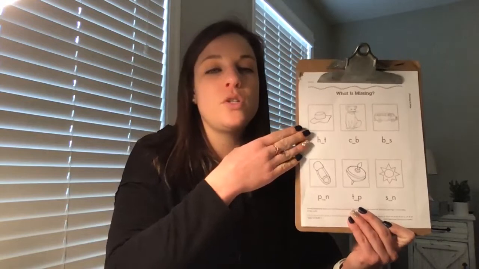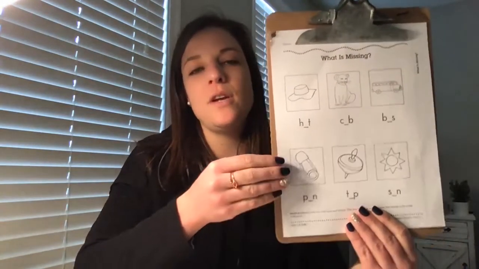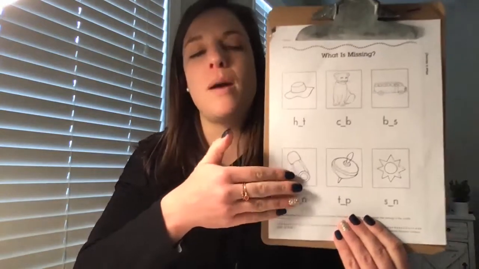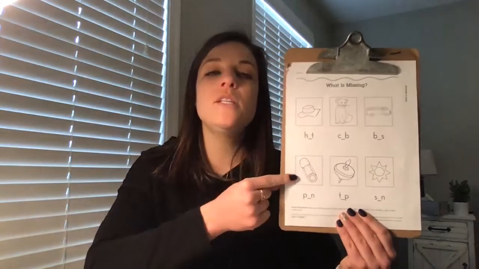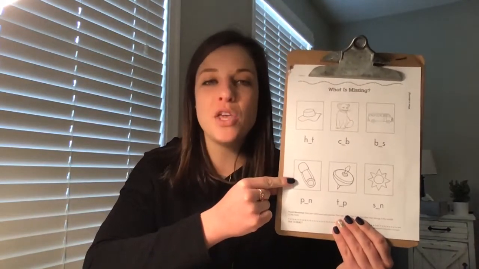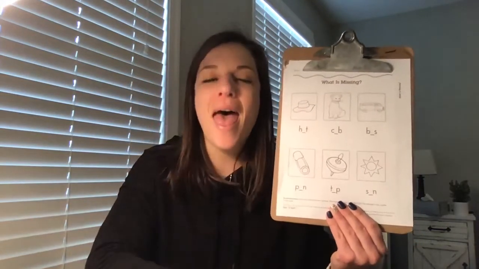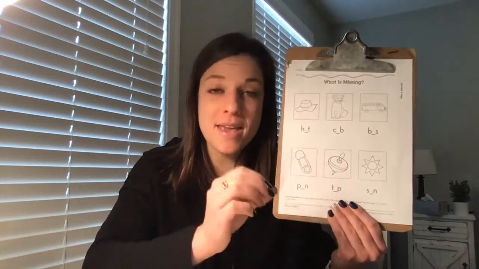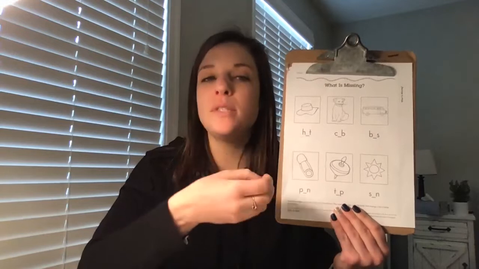Instead of doing the first one with you, I'm going to do this one right here because this one is a different picture that most of our friends probably have not seen or used before. So this is called a pin. This is not like a pen that you write with. A pen that you write with is with an E in the middle, an E. This is a pin that you use to close things.